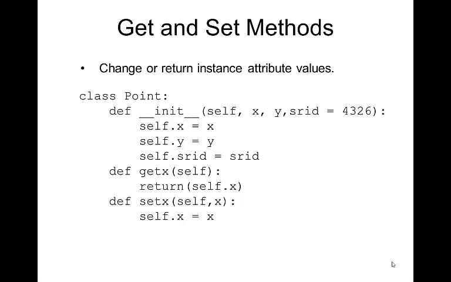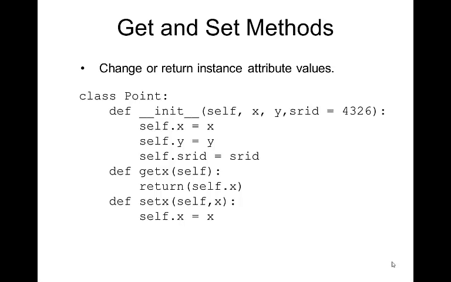This is good practice. So if I want to get the value of x, I could just create my point object like I did before, point1.x, and I can get the x value. But to follow the object paradigm more closely, I should define these get and set methods.